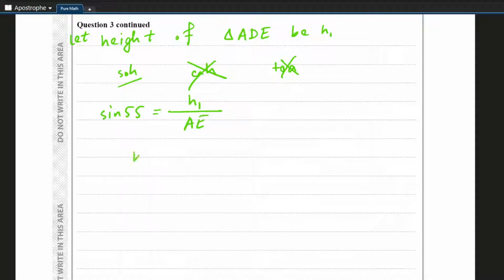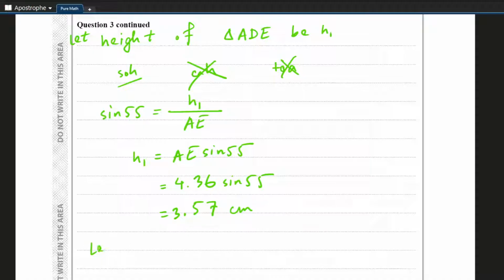So from here we can get H1 is equal to AE sine 55, and AE was 4.36, so 4.36 sine 55, we get 3.57 centimeter. That's H1.